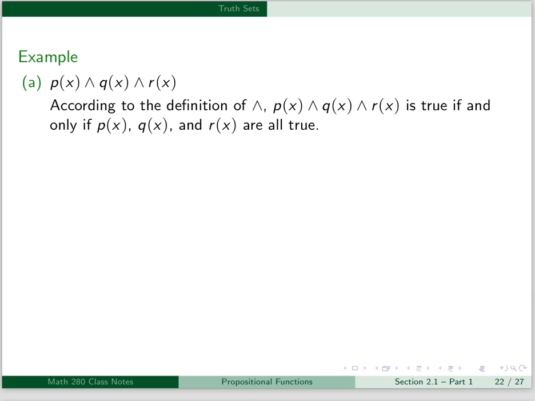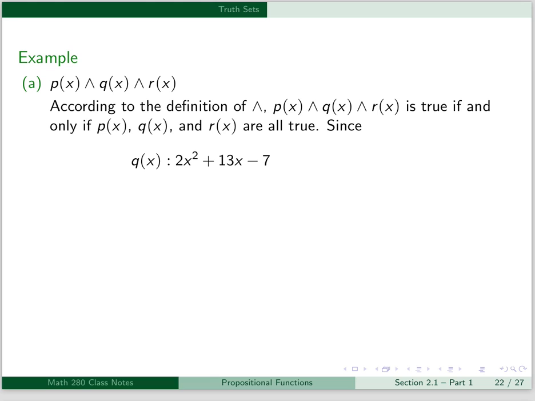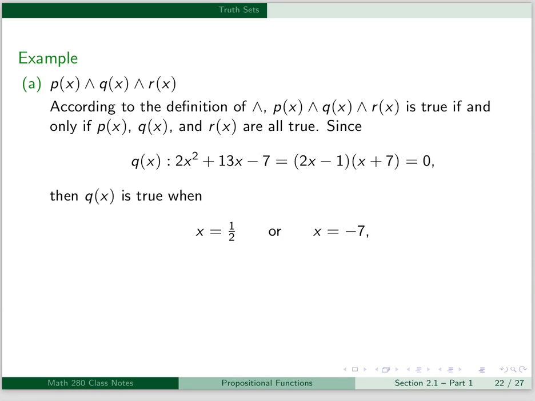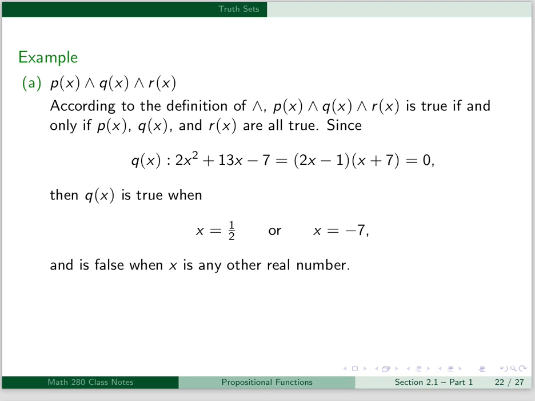According to the definition of and, p of x and q of x and r of x is true if and only if p of x, q of x, and r of x are all true. Since q of x is 2x squared plus 13x minus 7, which factors as (2x minus 1) times (x plus 7) equals 0, then q of x is true when x is equal to 1/2 or x is equal to -7, and is false when x is any other real number.